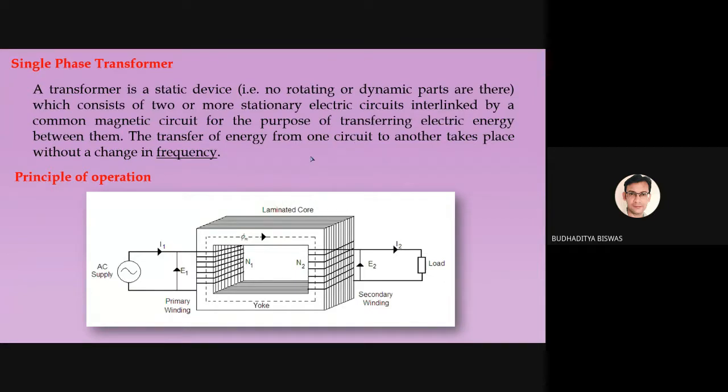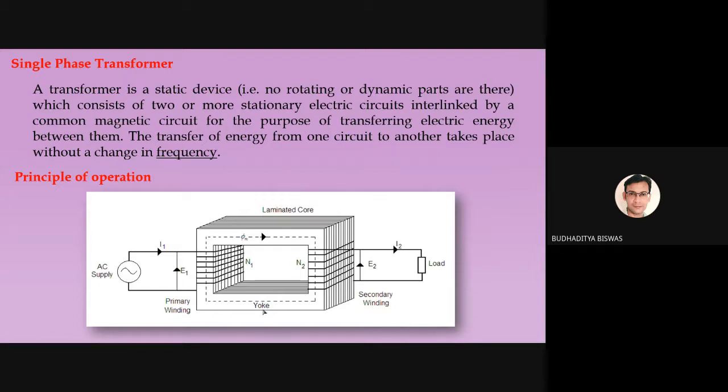And high voltage and low voltage winding means, so here you see in this diagram there are two numbers of turns, one is N1, another is N2. Depending upon the number of turns, if the number of turns is more on a particular side, then the voltage across this side is also more.